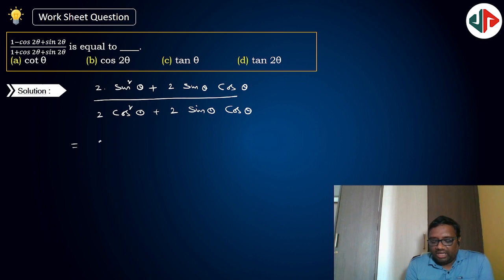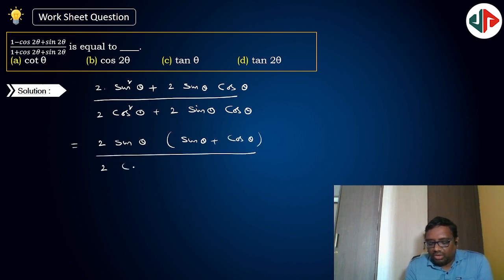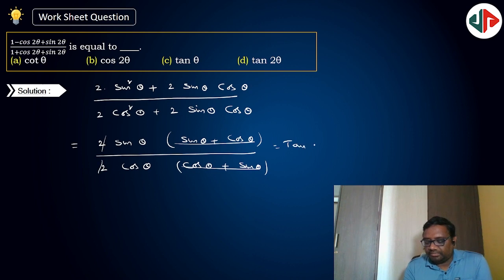In the numerator I will take common 2 sin theta, then it becomes sin theta plus cos theta. In the denominator also, if you take common 2 cos theta, it becomes cos theta plus sin theta. So sin theta plus cos theta will be cancelled, 2 will be cancelled, remains tan theta. So that is your option C.